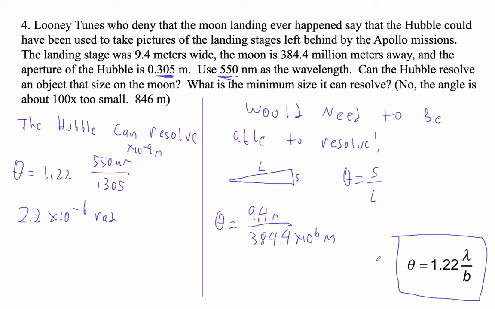So let's look at this: 9.4 divided by 384.4 E6, and this is 2.4 times 10 to the minus 8th radians. Now, this is bigger than this. This is as small as we can resolve. This is almost 100 times smaller than that.